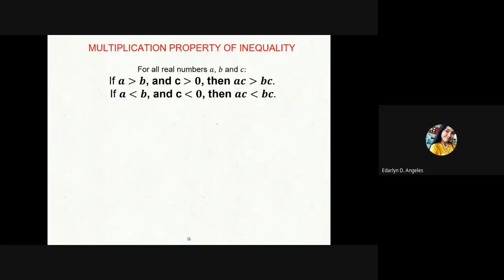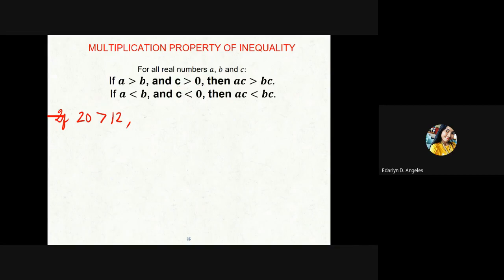So let's have an example here. If our A is 20 and our B is 12, okay? So let's write it down. If A is 20, so if 20 is greater than our B, which is 12, then, as you can see, if we try to multiply C, let's have C as number 2. 2 is greater than 0, right?